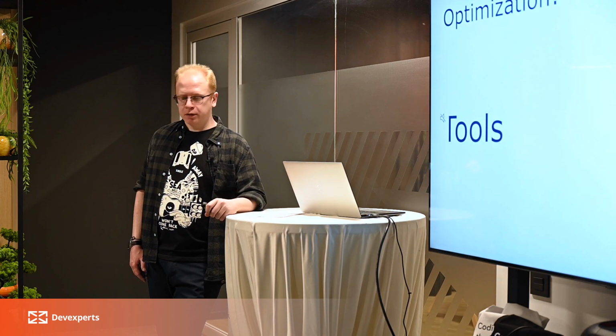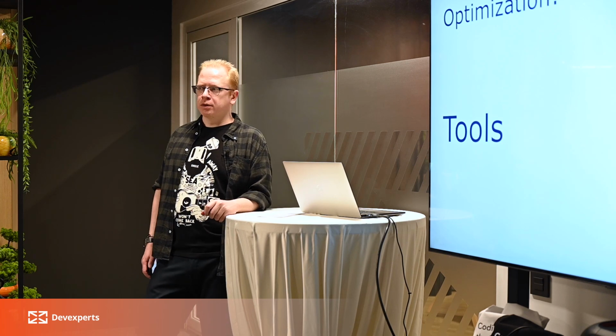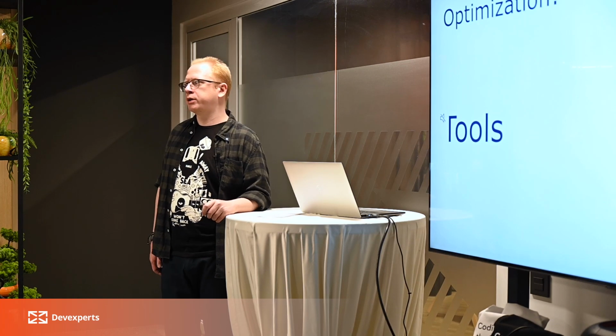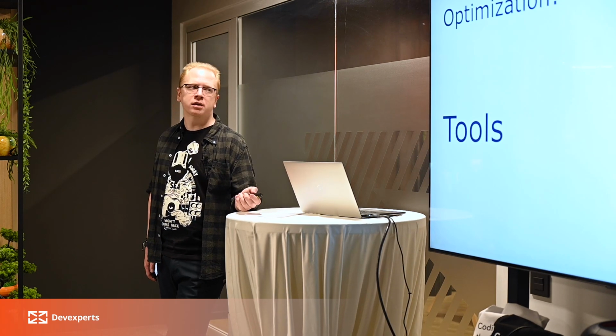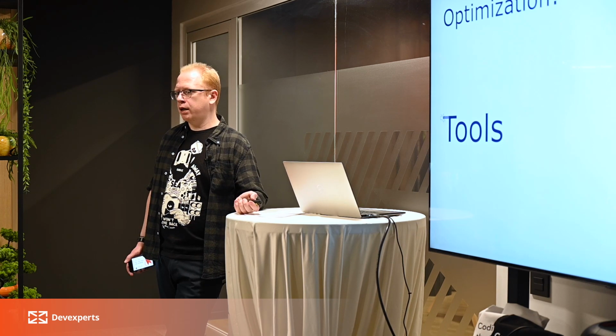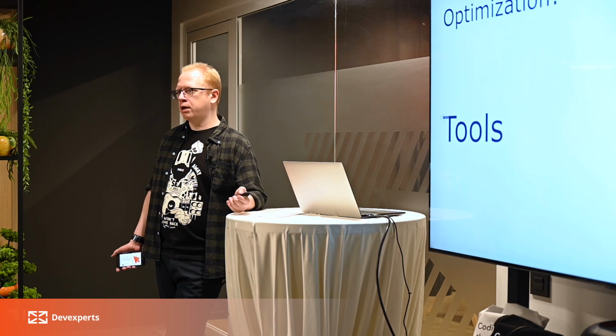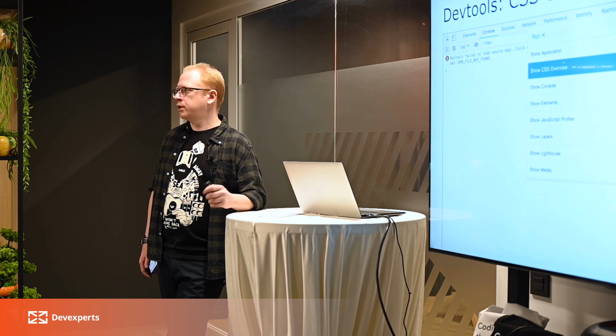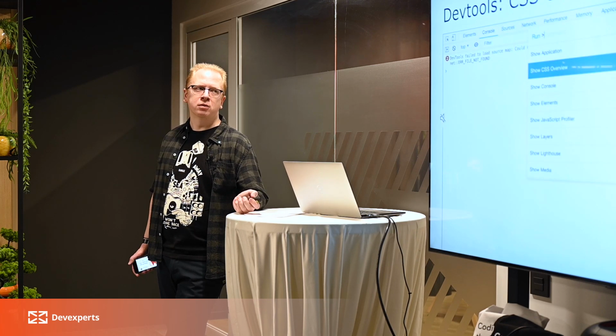Okay, and having described those two examples, I would also like to mention some tools that might come in handy. There are quite a lot: different analyzers, various profiling tools. And if you don't have any favorites, I would suggest starting with a CSS overview tool.